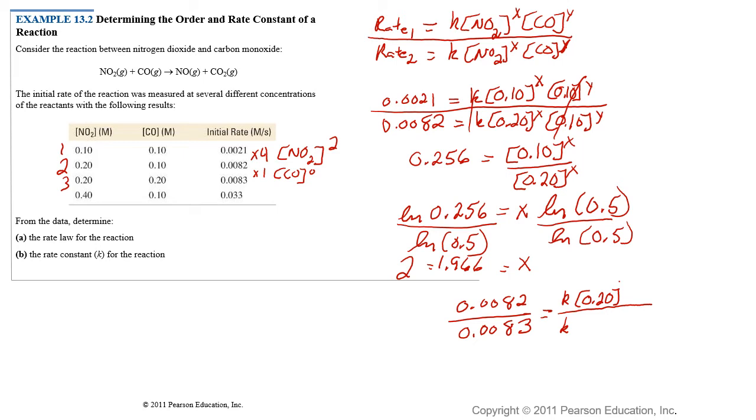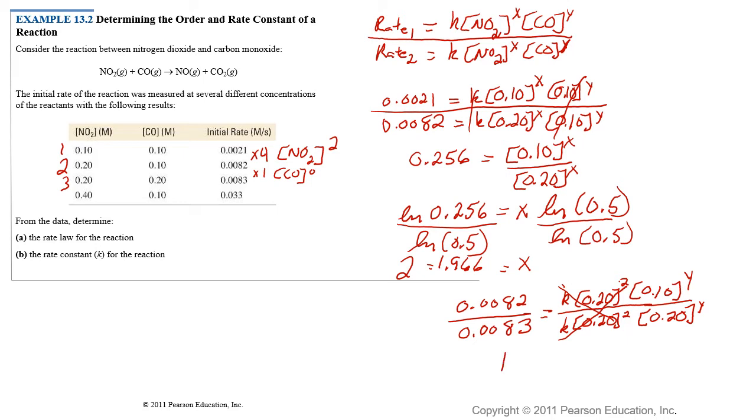And we know x, so we can plug that in now. Concentration of carbon monoxide, we're trying to figure out its order. So our constant, the concentration of nitrogen dioxide, is going to cancel out.